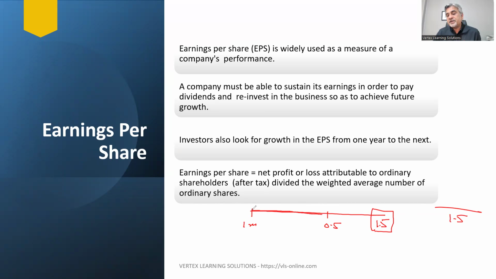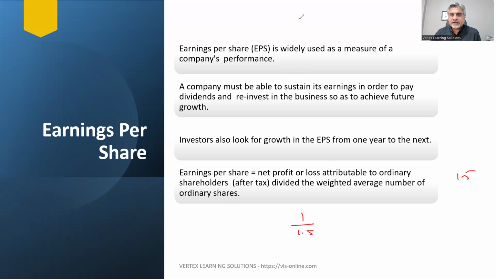Like 1 million shares, they remain for a period of 12 months. And then this period is different. You can do a calculation like this as well: 1 million, total number of shares are 1.5, so 1 divided by 1.5, or you can say 1 million divided by 12 months into 9 months, because until 30th September, you had 1 million.